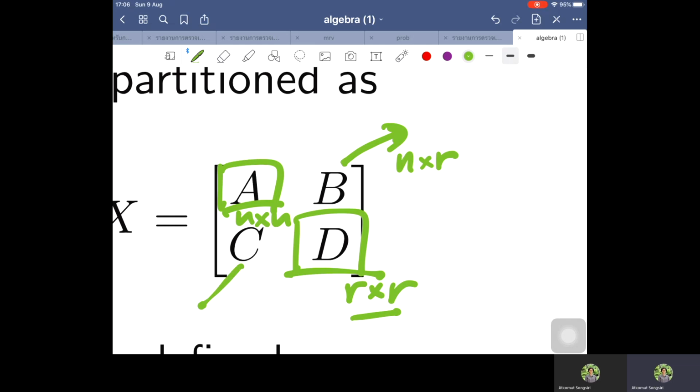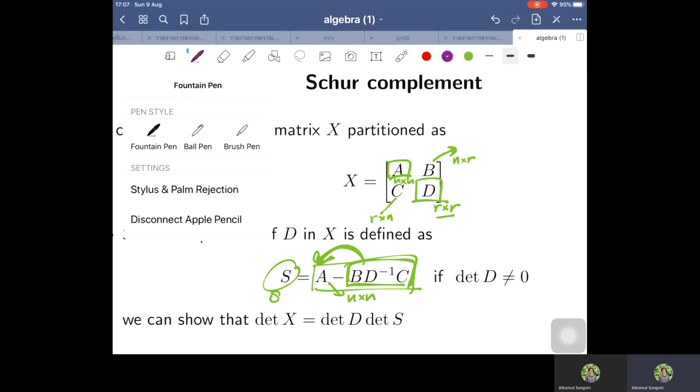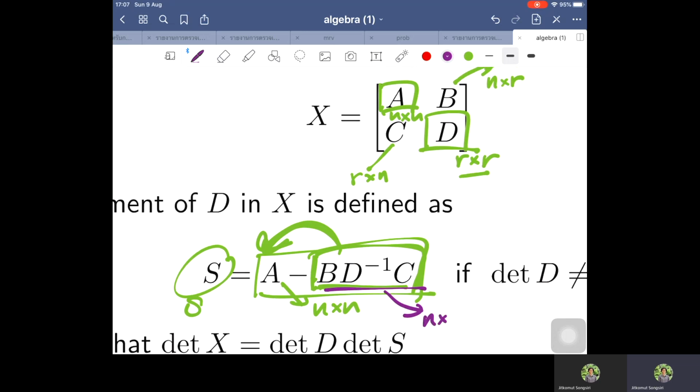C needs to have size r by n, in order for the whole block partition to make sense. So B D inverse C is n by r times r by r times r by n, so the whole thing is n by n.